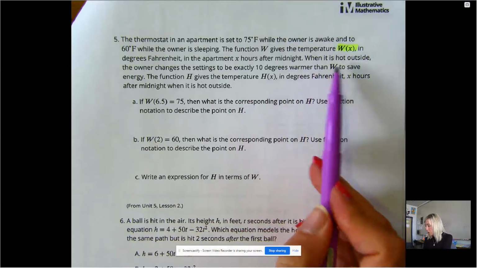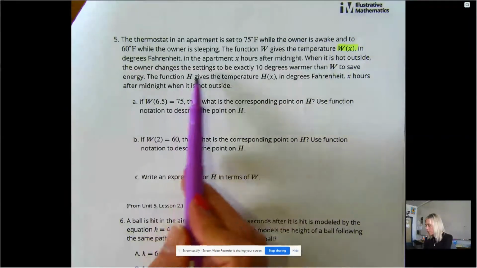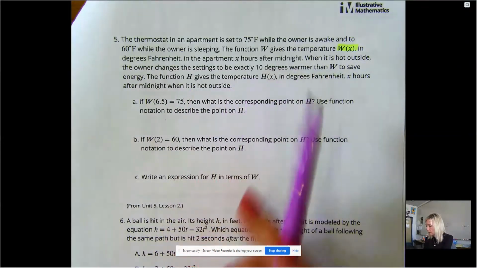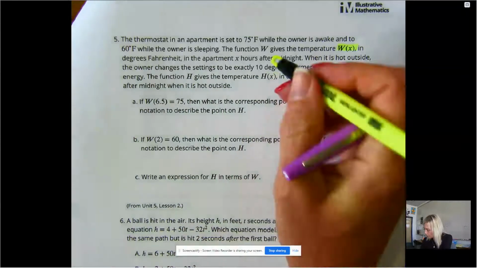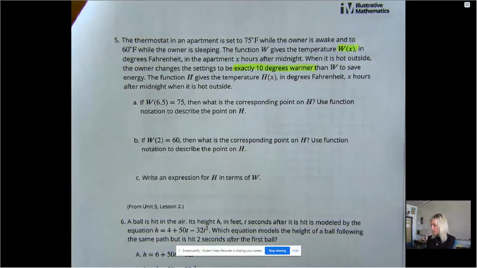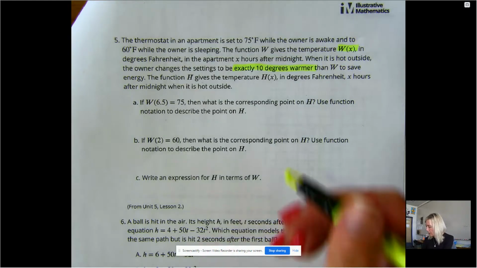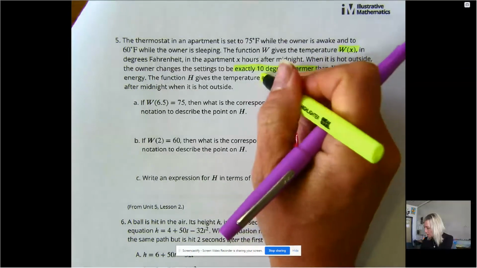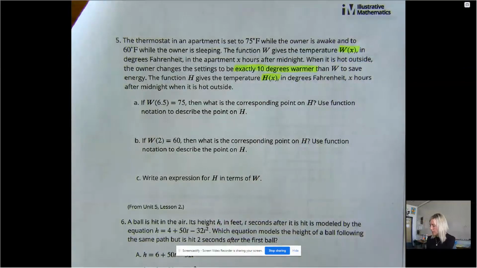And then it says when it's hot outside, the owner changes the settings to be exactly 10 degrees warmer. So exactly 10 degrees warmer is going to be an increase in the temperature, which is the output, and that will save energy. So now we have the function H of X, which is still in hours after midnight. It's just that it's going to be 10 degrees warmer.